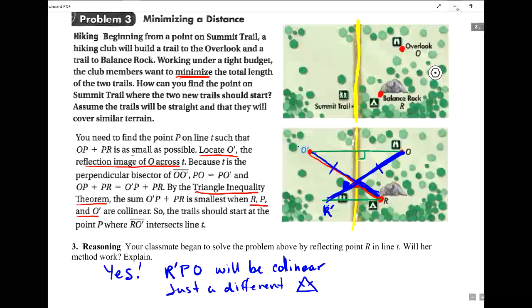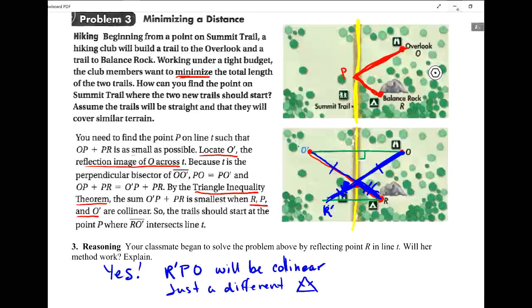You can see right here that these are exactly the same things. So it doesn't matter which one we reflect, we end up with a nice, neat little trail that comes here to point P, and it goes up here to O, the overlook, and we have spent as little money as possible to make our trail.